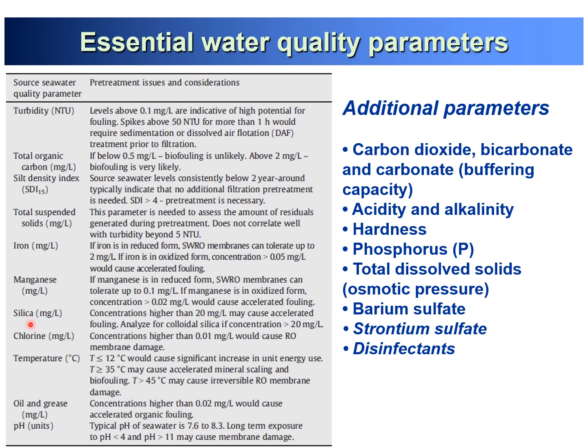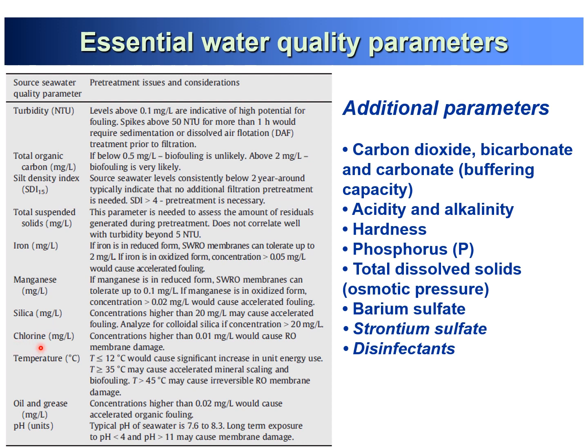Same as silica. A concentration higher than 20 milligrams per liter may cause accelerated fouling. So we need to analyze for colloidal silica concentration. If the concentration is more than 20 milligrams per liter, we have to consider what kind of pretreatment process is required for silica removal.